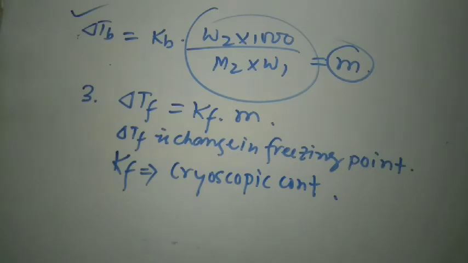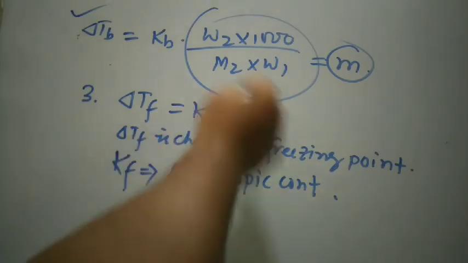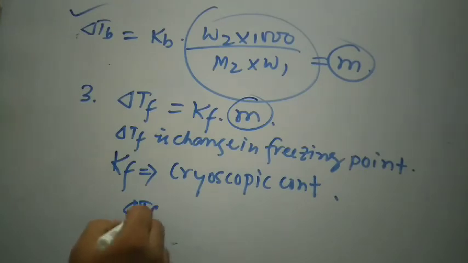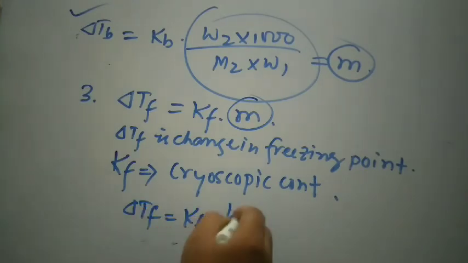Kf is also a constant of proportionality, but the particular name used for Kf is cryoscopic constant. And now finally m is the molality, so we can write the formula like this.